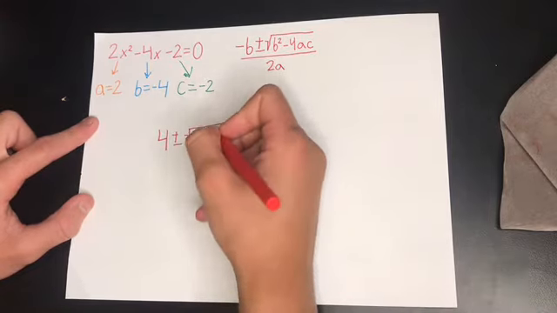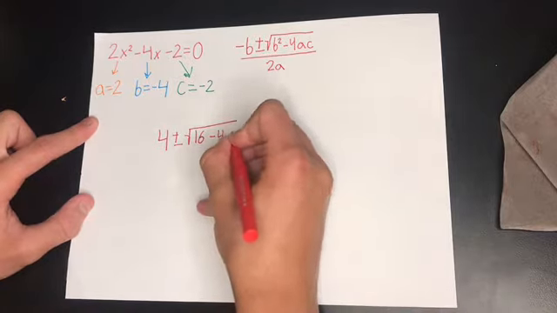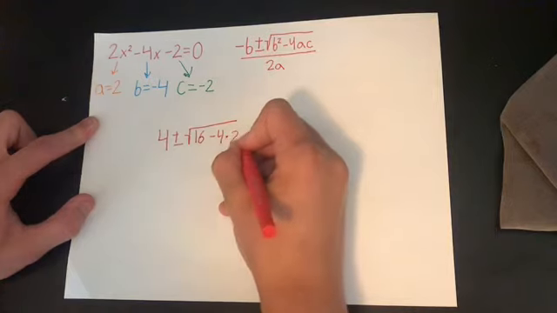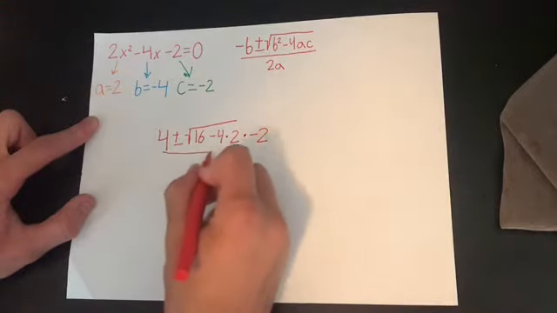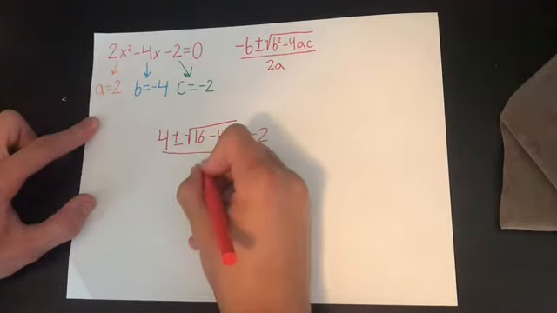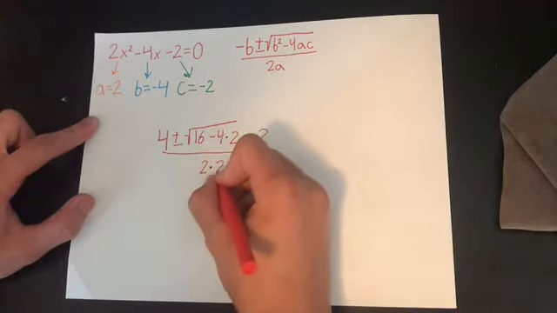Next, we do 4 times a, which is 2, times c, which is -2, all over 2 times a, which is 2.